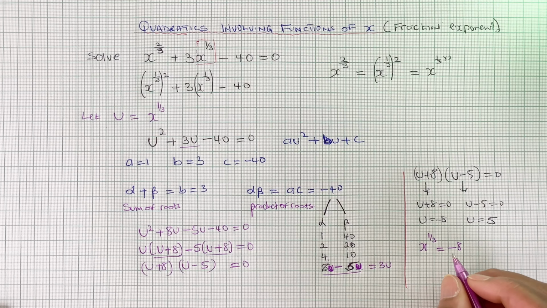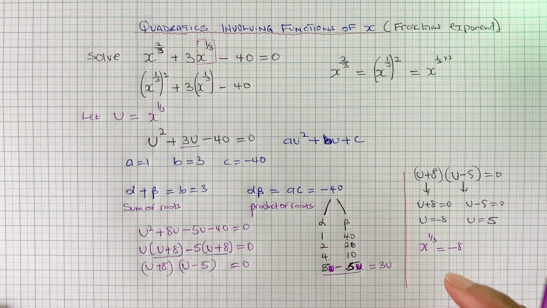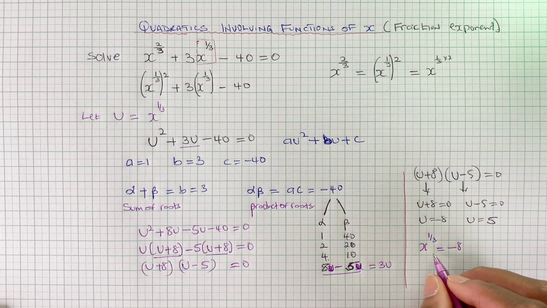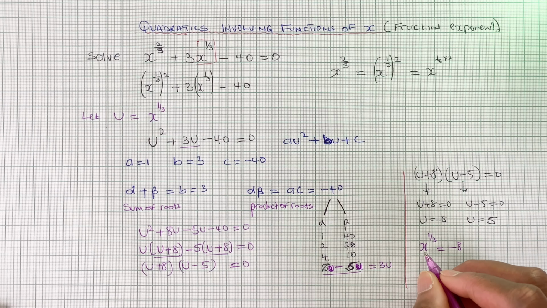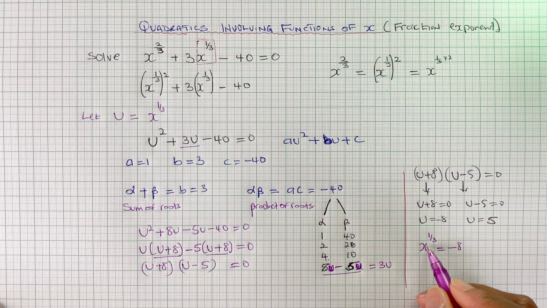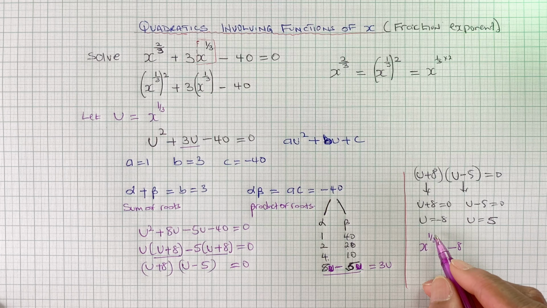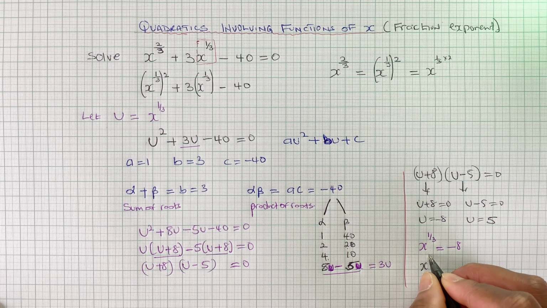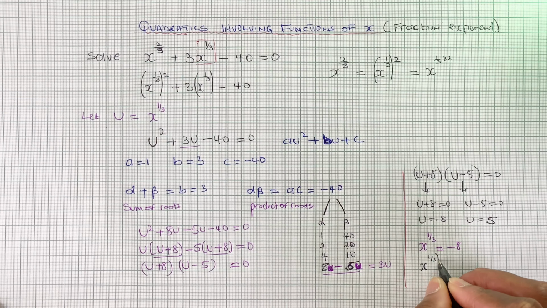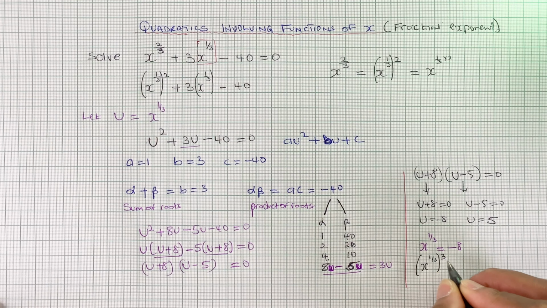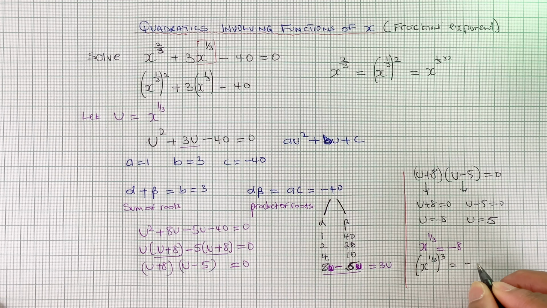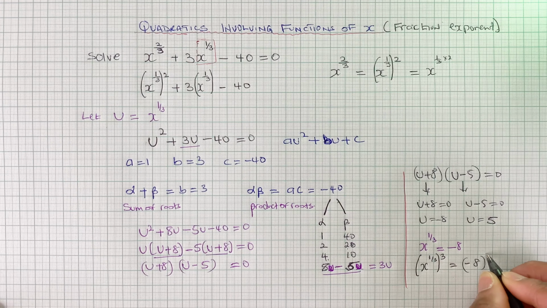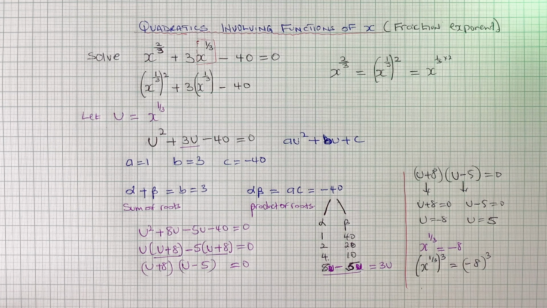If we remember solving this in indices, what I need to do now is to get rid of this x to the power 1/3, to get rid of the 1/3, I need to cube it. So if I cube x to the power 1/3, I have to cube minus 8 as well. Let's just draw another one here, so hopefully I have enough space.